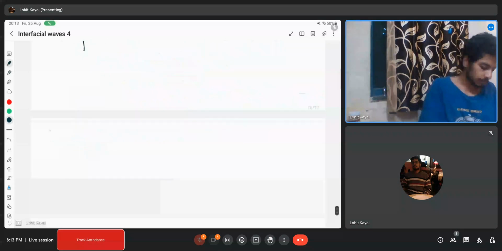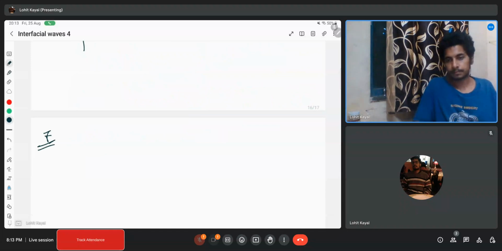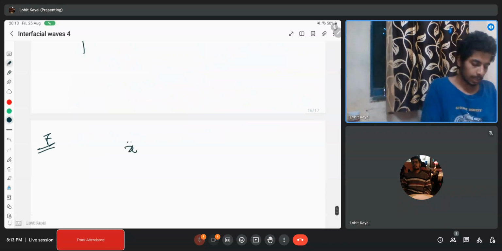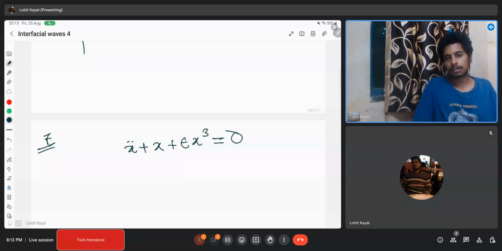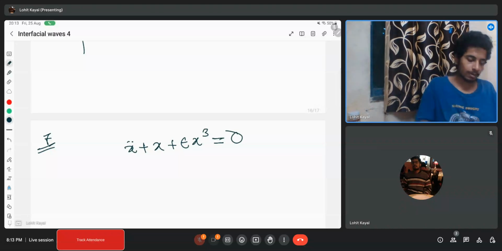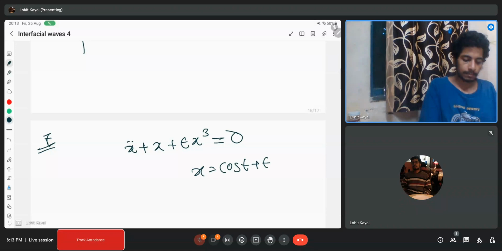Now, question 7. It says that if you have an equation like this, which we have already solved, then a straightforward expansion like x equal to cos t plus epsilon x1 plus dot dot, will not work.